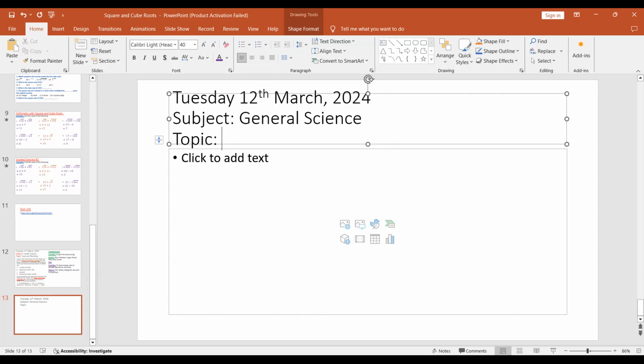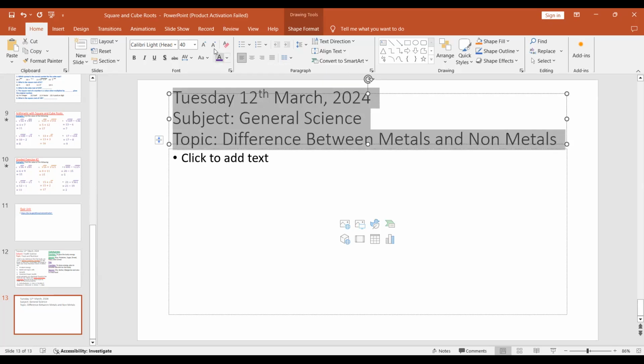Today we're going to be looking at a very important topic: the differences between metals and non-metals.